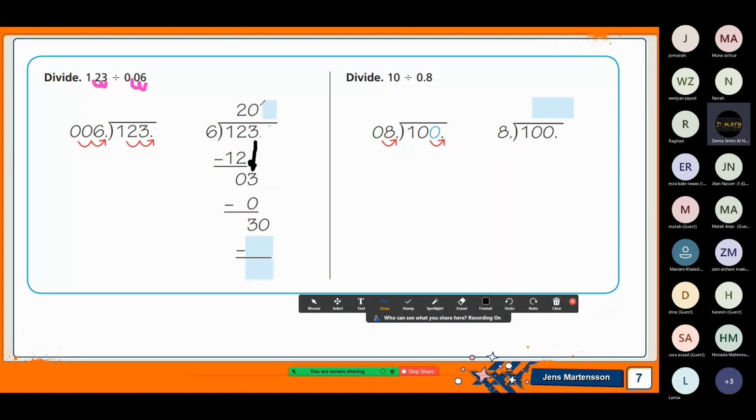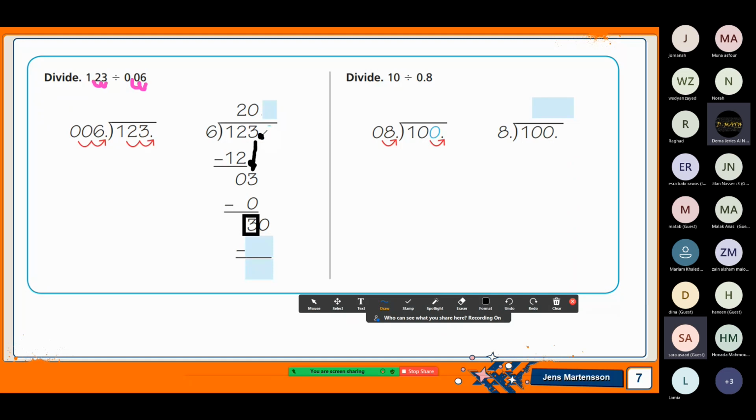So 0. 0 times 6 is 0. Then you subtract, you get 3. Now look at here. Do we have a remainder? Yes, I have a remainder. So what do I have to do? I will go back. I remember there's a remainder. I will go back to the dividend. Does the dividend have a decimal point?